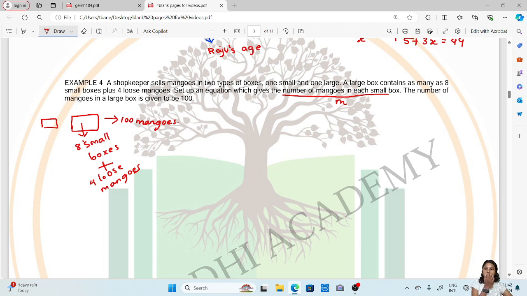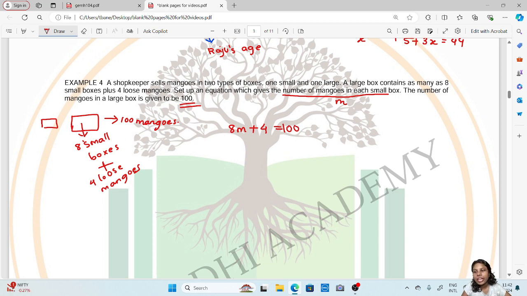Okay. So now we have to write the equation. So let the number of mangoes in each small box be, say, m. So what they have said is that we can have 8 small boxes. So we'll say 8 boxes into m, 8 into the number of mangoes, plus it can have how many? 4 loose mangoes. And the total they have said is 100.